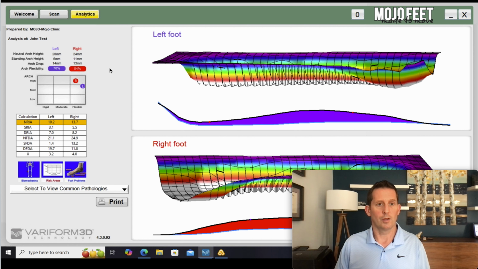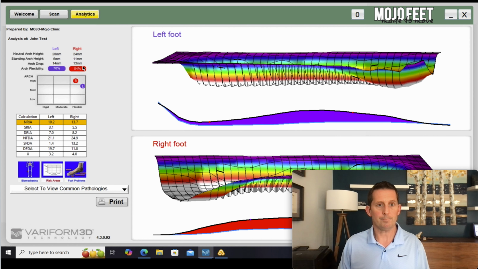In other words, your orthotics will come out with different arch heights right to left, and possibly different flexibilities right to left, depending on how much we're trying to control. So a more flexible or uncontrolled foot needs more help from the orthotic. That's just one extra way that we tune these things to help deliver the best custom to the patient.